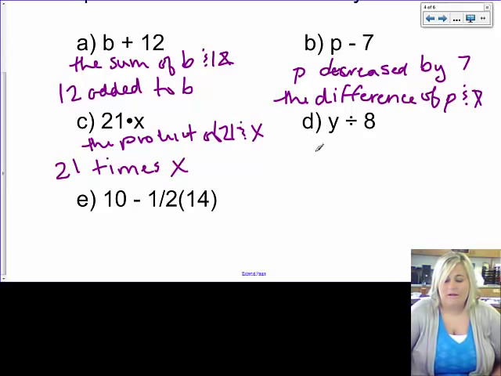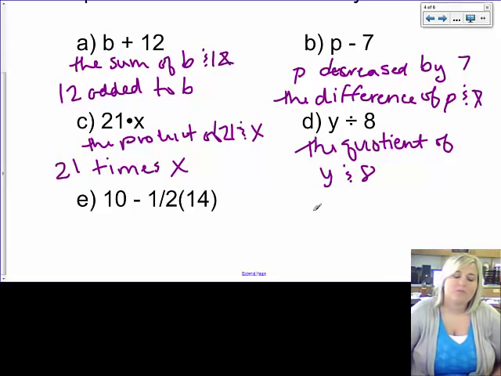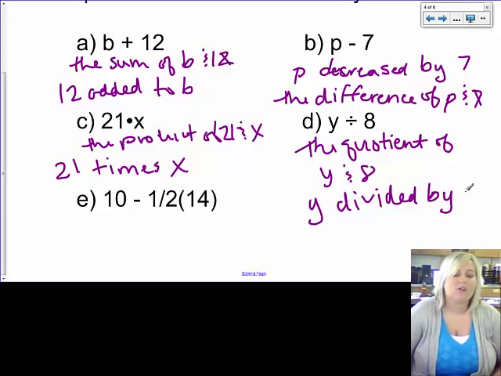Over here I could say the quotient of y and 8. I could also say y divided by 8.